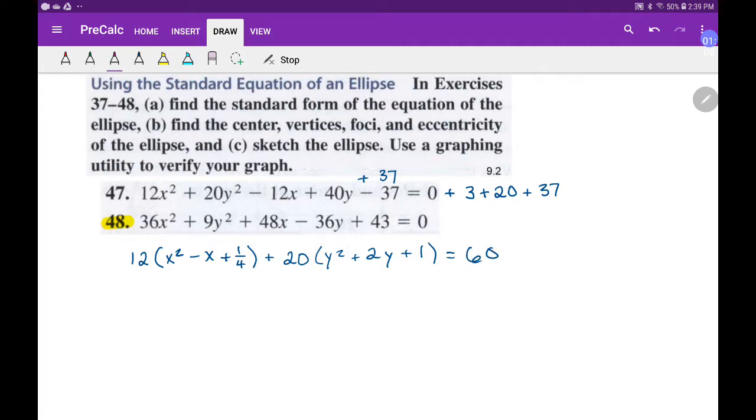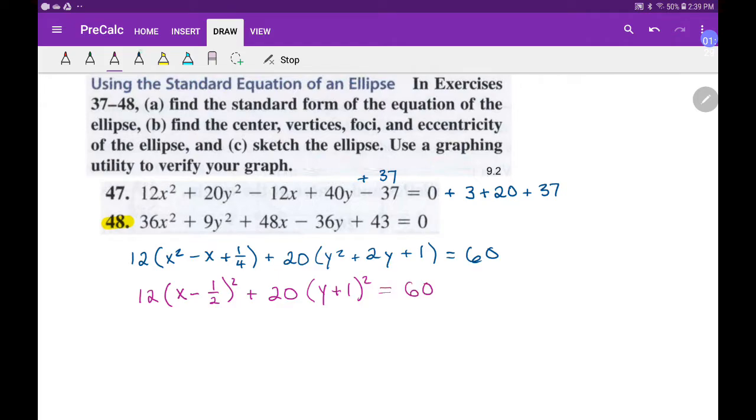Okay, I can write this better. I can say 12 times x minus 1/2 squared plus 20 times y plus 1 squared, and then I'm going to equal 60.